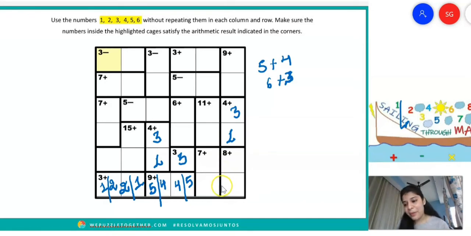The possible numbers which can come here will either be 3 or 6, and again the possible number which can come here will either be 3 or 6. But can I say 3 cannot come here in this block? Why 3 cannot come here in this block? Because in the 6th column, the number 3 is already placed. So if the number 3 is already placed, I cannot place the number 3 here again.